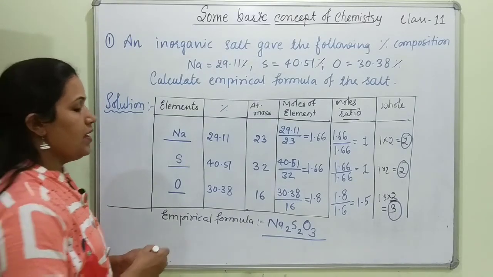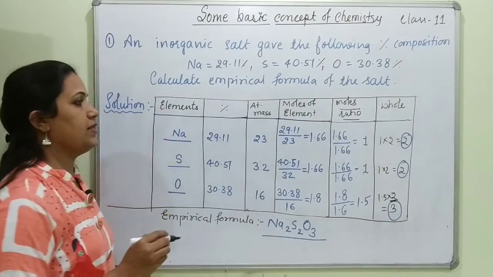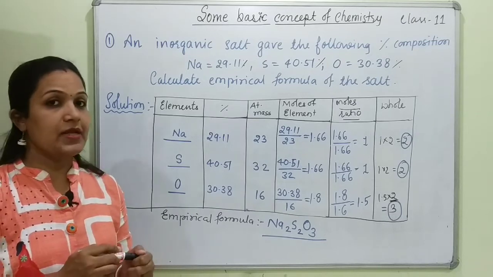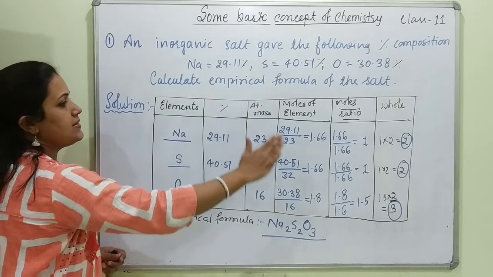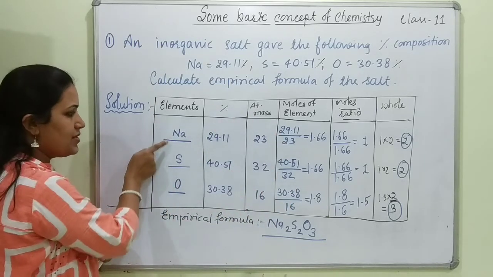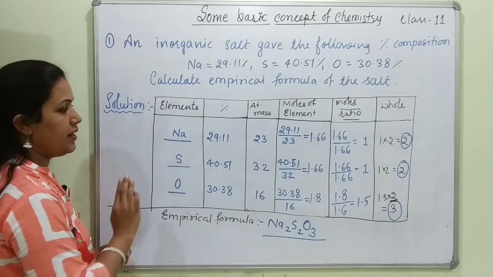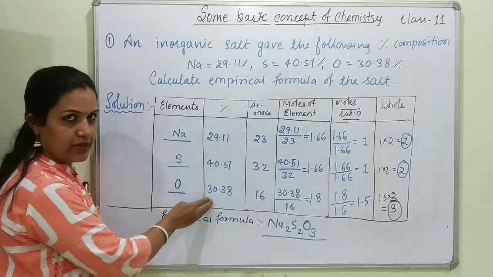One more time I am explaining how we need to solve. Please listen carefully. First of all, whenever you read the question, make this type of table, and in the first column always write the elements that are present. Then in the second column we are going to write the percentage of each.